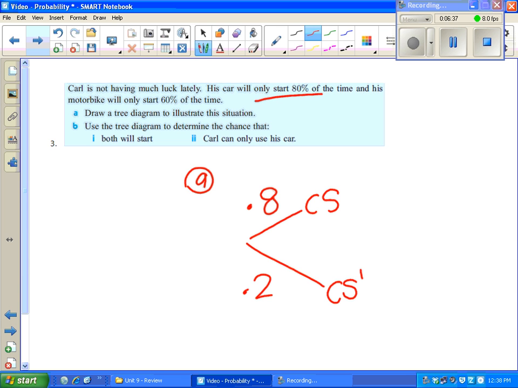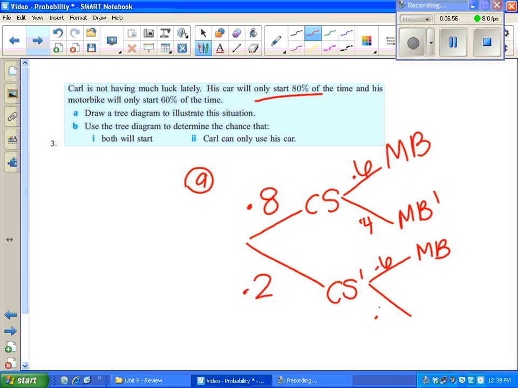All right, so once his car starts, he has a 60% chance that his motorbike will start. But then that means he has a 40% chance of his motorbike not starting. Same thing here. If his car doesn't start, he has a 60% chance of his motorbike starting, and a 40% chance of his motorbike not starting. Okay, so there's my tree diagram of my situation.